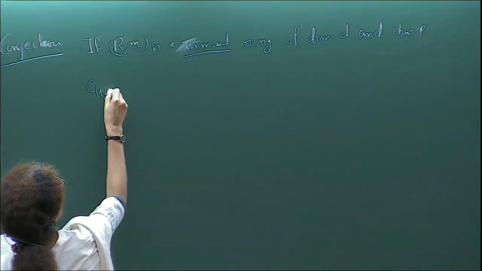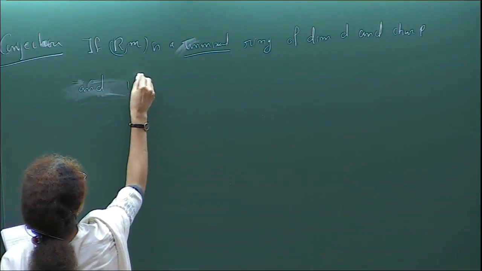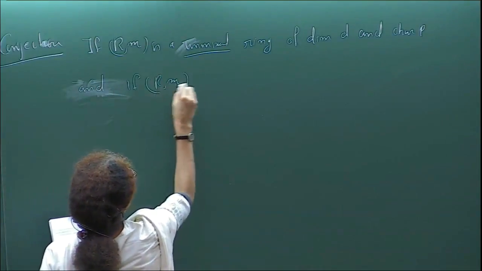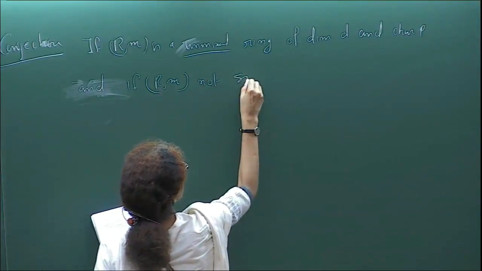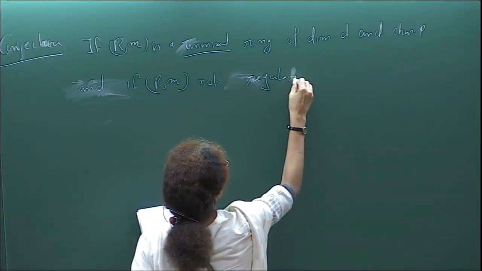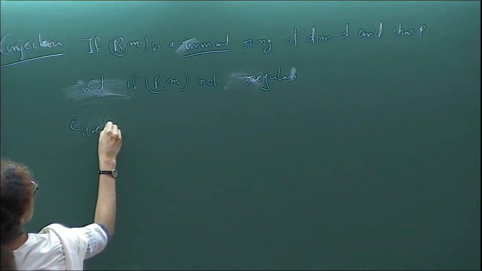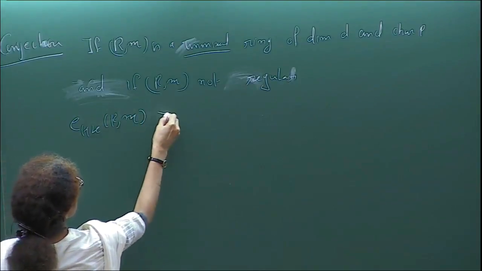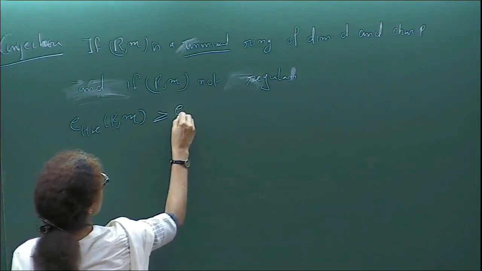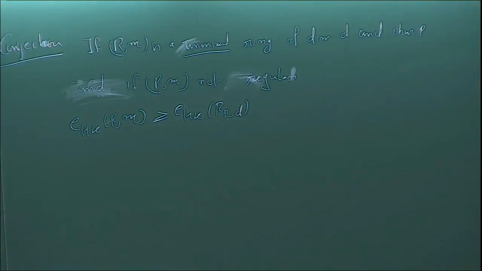If R is not regular, not smooth or regular. If it is regular, then its EHK is going to be 1, of course. So that's not the thing. But if it's not regular, then EHK is always greater than or equal to that of R P D. So the quadric hypersurface has the lowest EHK multiplicity in the class of singular rings.